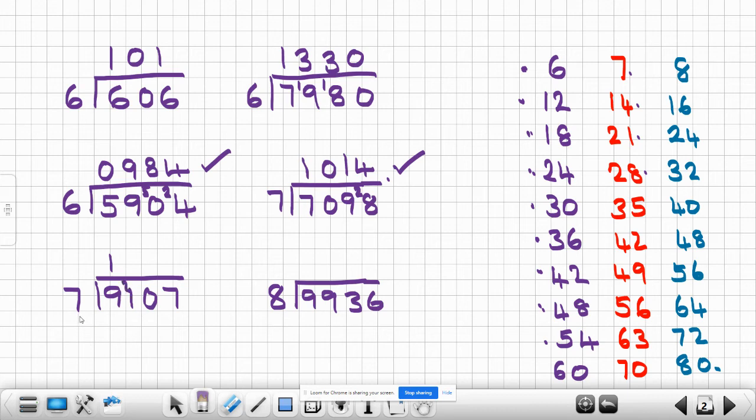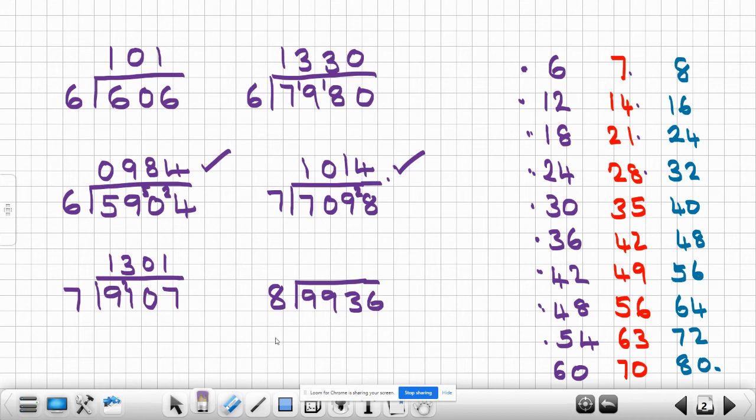So let's move that over to the 1, make it 21. 7's into 21 goes 1, 2, 3, and that goes in exactly. 3 7s are 21. Now we've got 7's into 0, which is 0, and 7's into 7, which is 1.